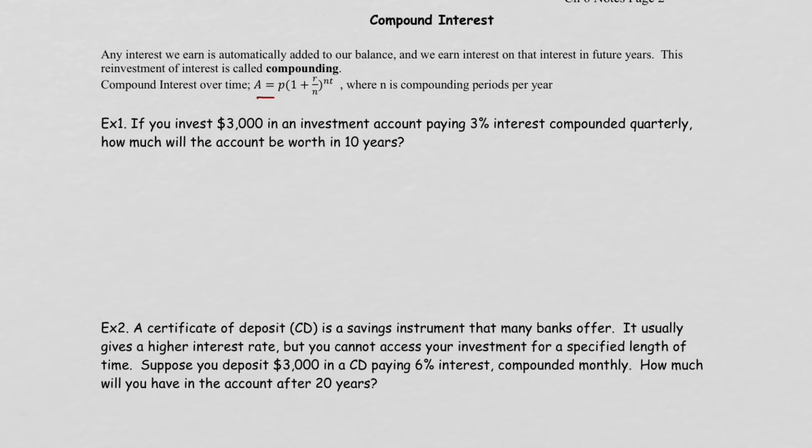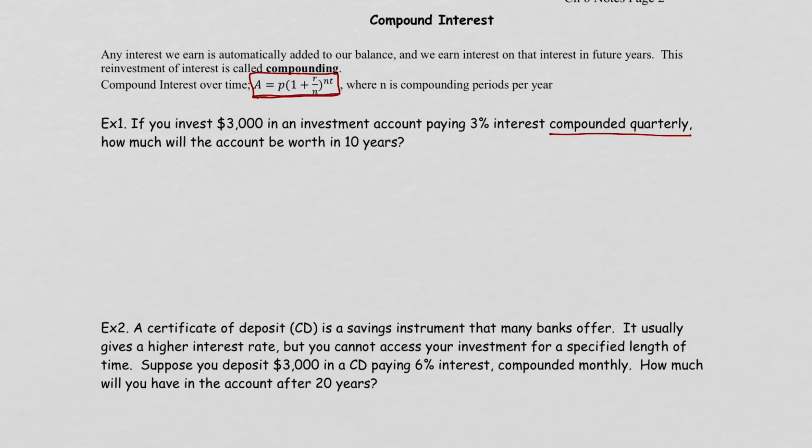When it's compound, they will give you a different compound period, so how often the interest is going to be accumulated, right? So for example, the first example says compound quarterly. Your compounding period is going to be 4, because compounding quarterly means you have 4 times a year, right?